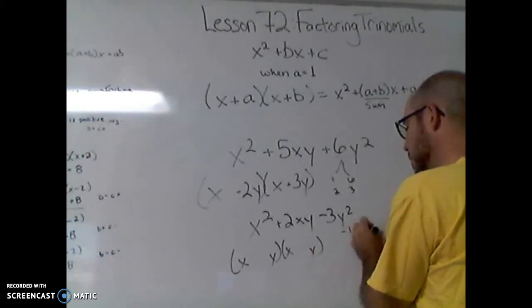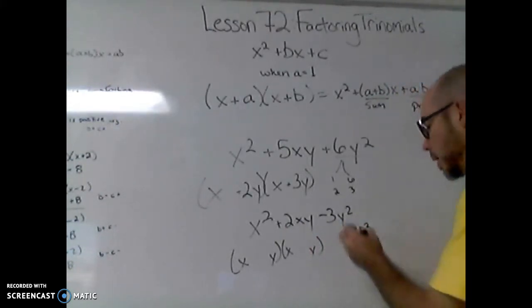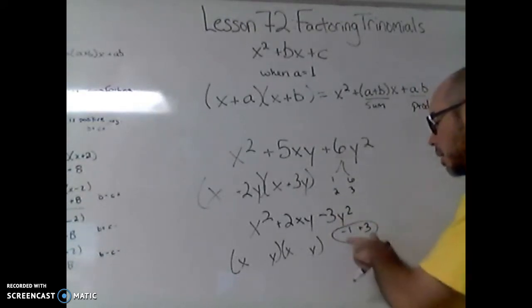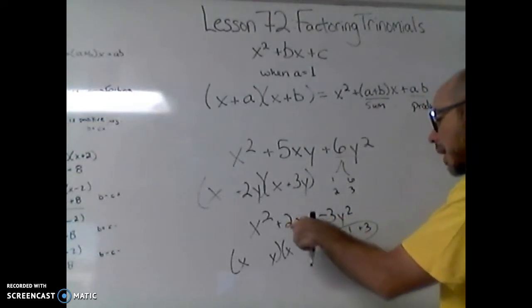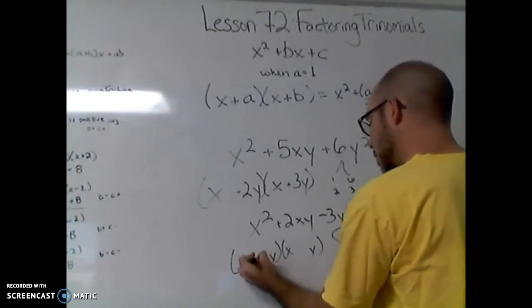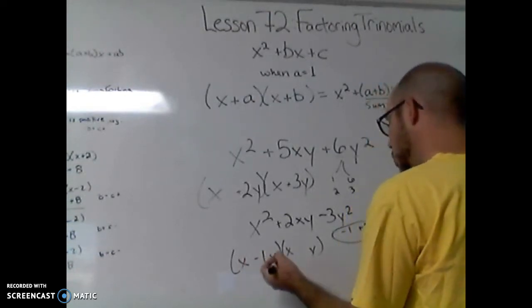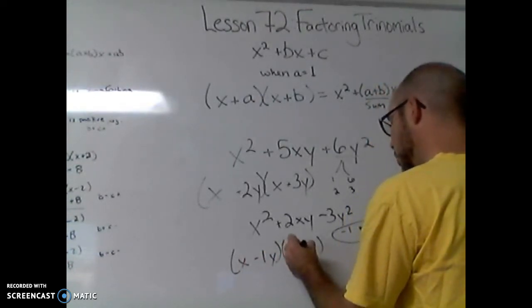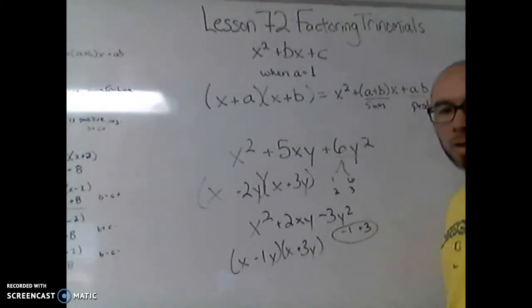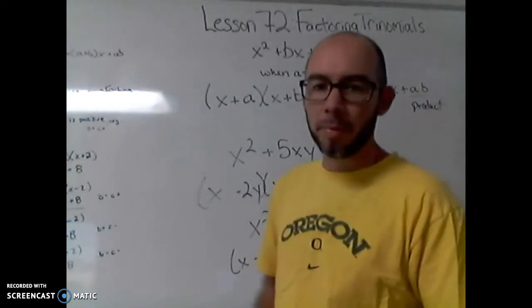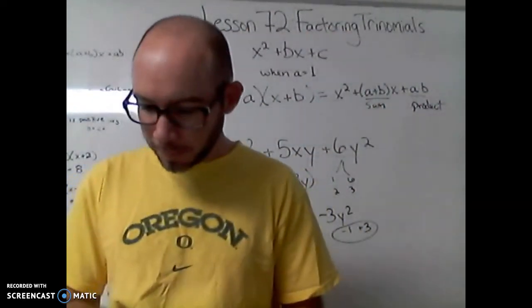So I'm just thinking of the very first one there, -1 and a positive 3 multiply to make -3 and add together to make a positive 2. So we can say plus minus 1y and plus 3y. You can check that in your head, do the foiling, you can see that it works, but it's still the same principle as we used before.